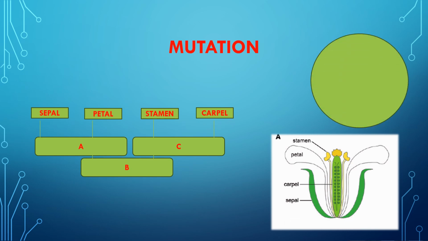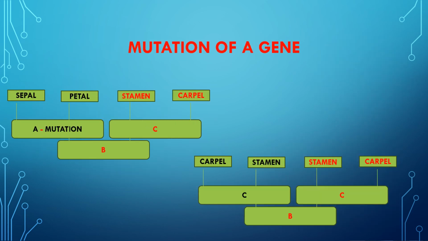Now let's look at the mutation of A gene. We have already seen this diagram. What happens when A gene is not present? As we have already seen before, when A gene is absent, there is an expression of C gene. In the place of A gene, the C gene is expressed. And so in the first whorl, we have carpel.